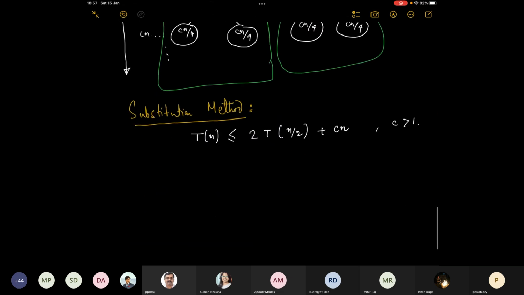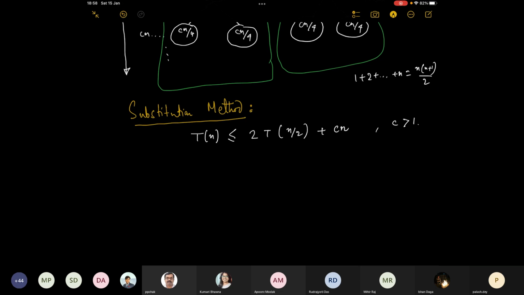For example, if I ask you what is the sum of 1 plus 2 up to n? Of course, you will explain to your friends that you see the pattern for different values of n, and then it is n times n plus 1 by 2.